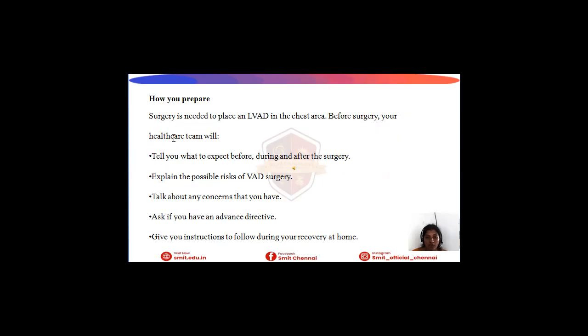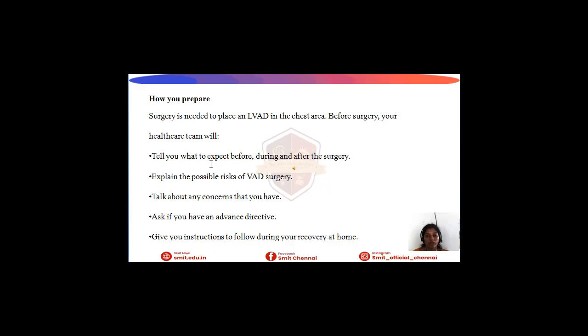How do we have to prepare for the LVAD surgery? Surgery will be done in the chest area. Before the surgery, during the surgery and after the surgery, the expert will say what we have to do, what risks we have, what procedures we will follow after the surgery and what medication we have to follow after the surgery.